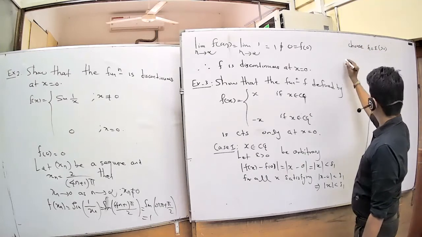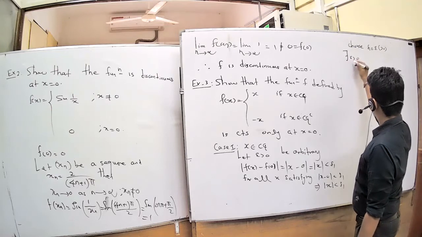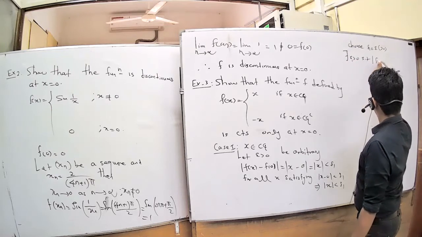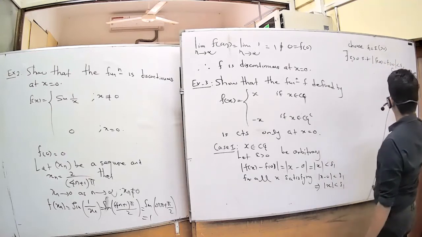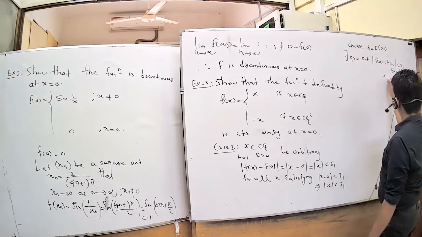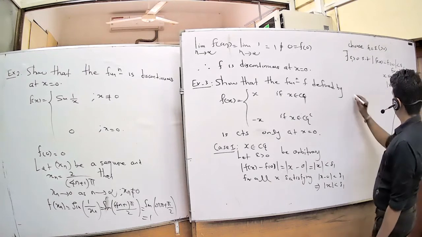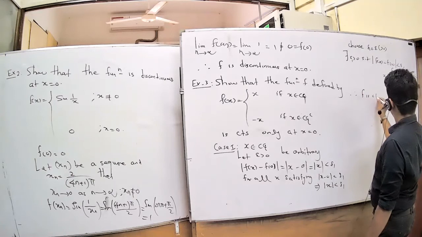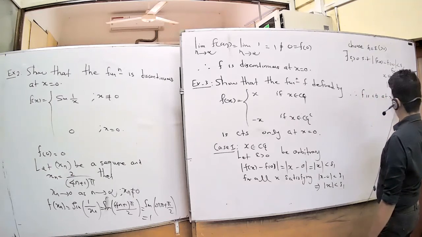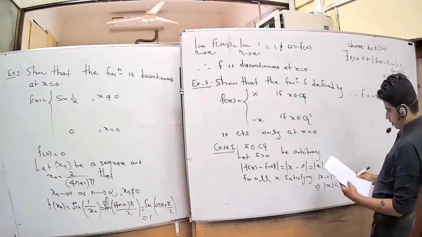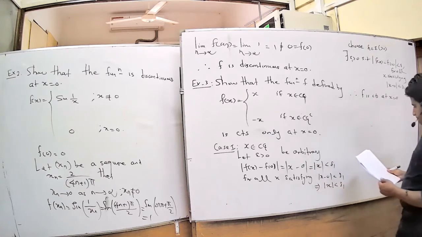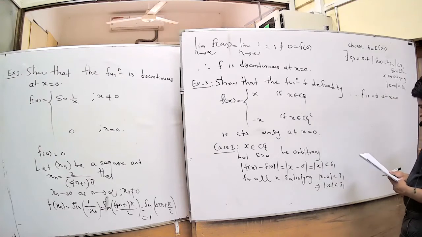Then there exists delta 1 greater than 0 such that modulus of f of x minus f of 0 is less than epsilon for all x satisfying modulus of x minus 0 less than delta 1. Therefore, f is continuous at x equal to 0.